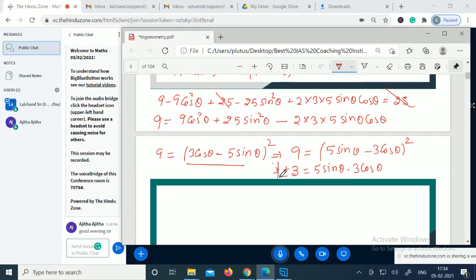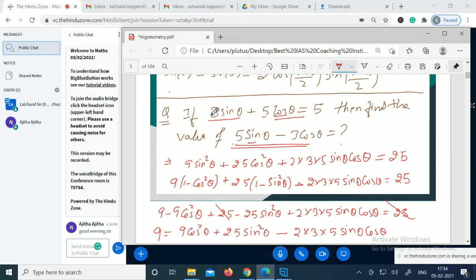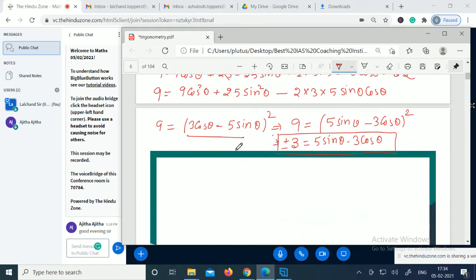Are you getting this answer? So if this kind of equation is provided and the coefficients are interchanged, just square the original equation and simplify by making whole squares. Then you can find that answer. Is this clear to you?